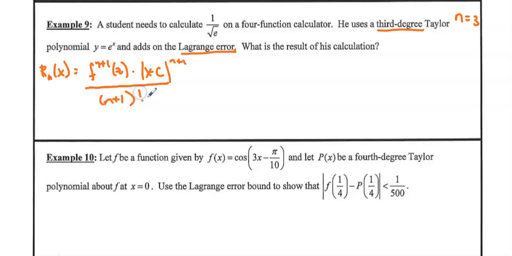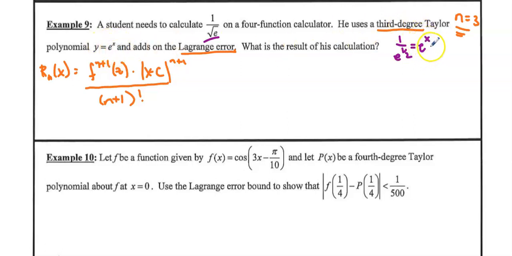So we already know that n is equal to 3. Well, what is our x? What are we actually trying to approximate here? Well, we can rewrite this because we're asked to find it using the polynomial e to the x. I can rewrite our function as 1 over e to the 1/2, and I want this to look like what we're seeing right here.